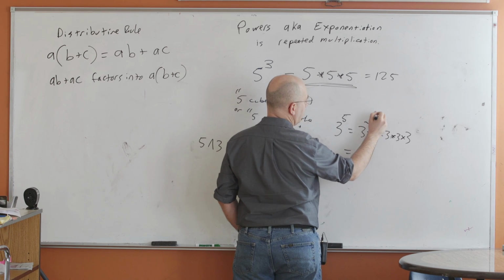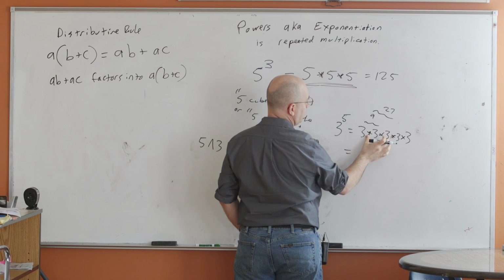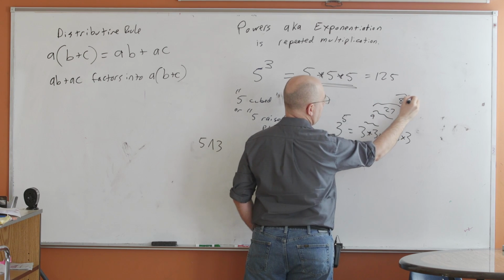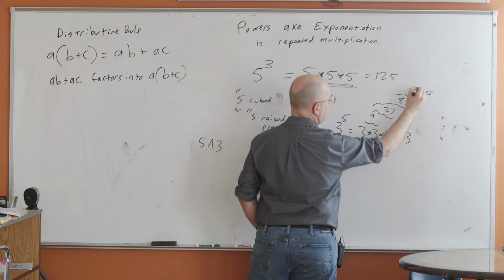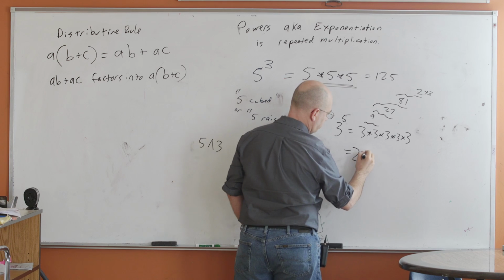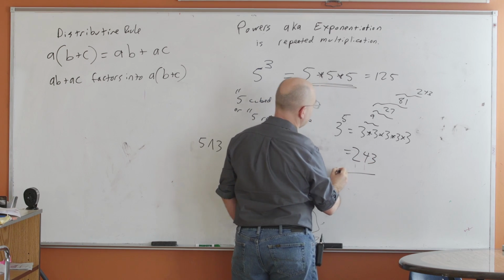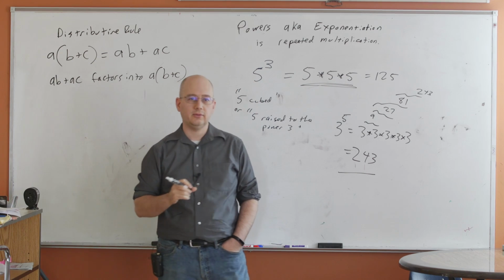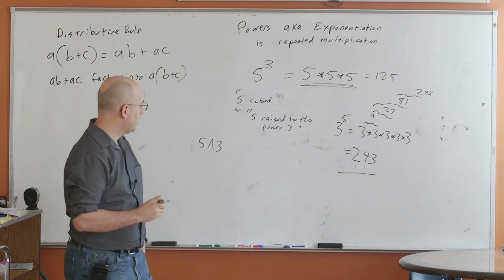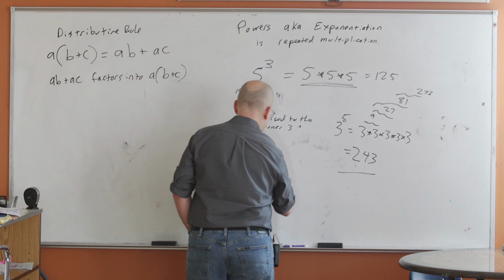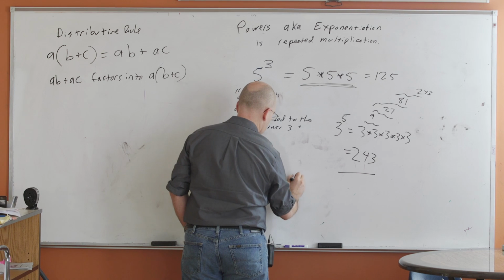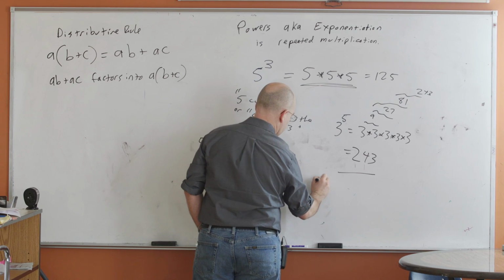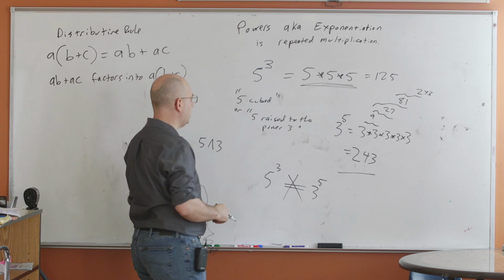So that would be 9. This would be 27. 3 times 9 is 27. The next one up is 81. And then there's 243. So is 243 the same as 125? Nope. So they're not the same. 5 to the 3 does not equal 3 to the 5. Not equal.